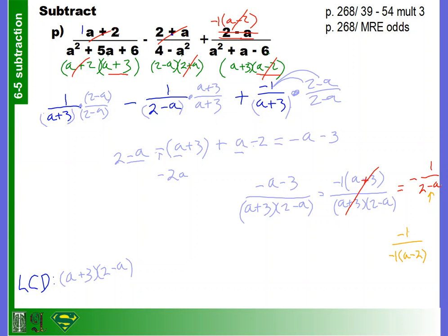What's negative 1 divided by negative 1? That's positive 1. So I could also get 1 over a minus 2. This is equivalent to this. I don't particularly care. If you get to either of these points, I will feel really good about you.